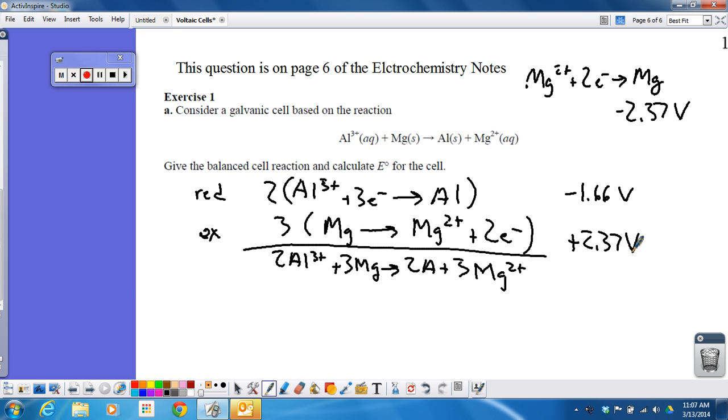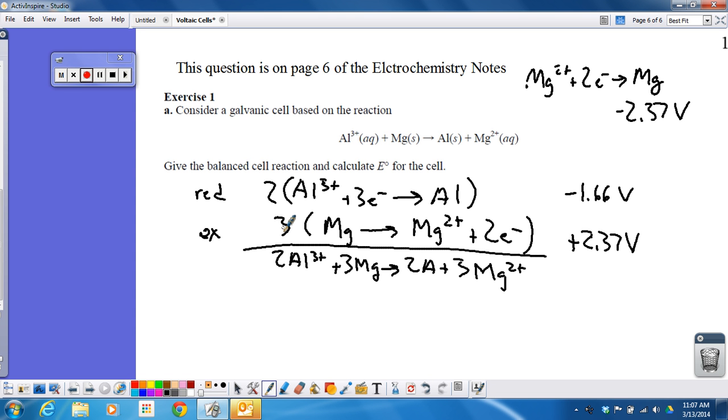And then the next thing to note is that with cell potentials, even though to balance this chemical reaction I had to multiply by 2 and multiply by 3, I do not multiply voltages by this 2 or this 3, because voltage is an intensive property, which means it's independent of the amount of stuff we have.